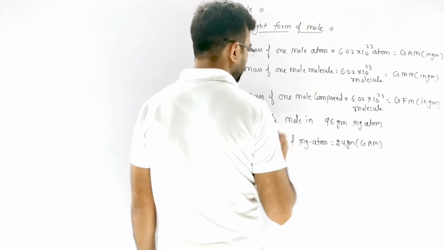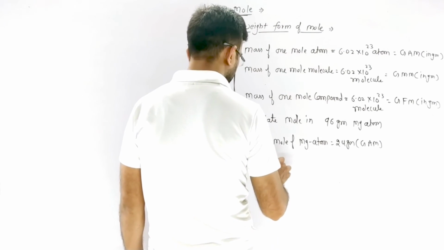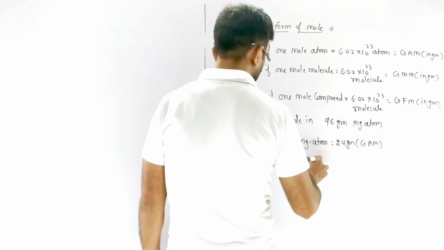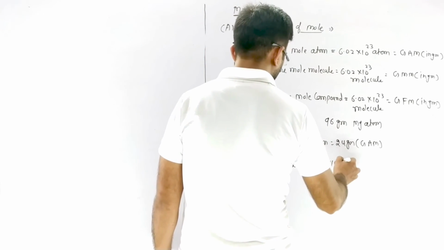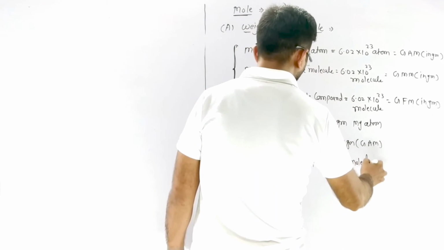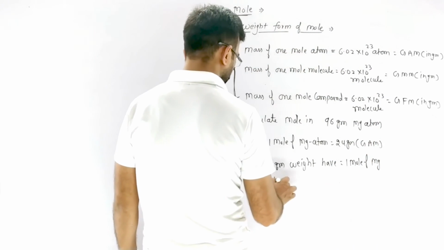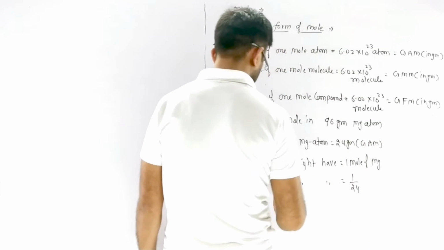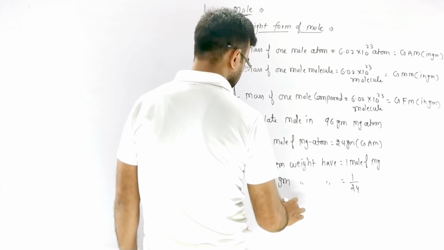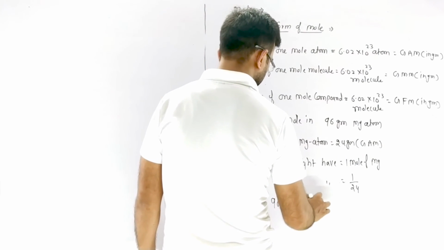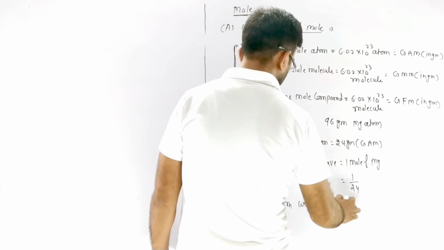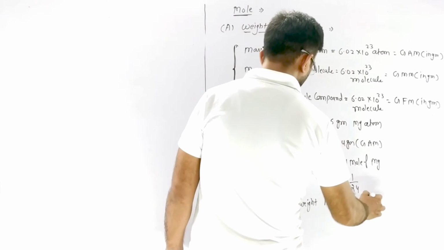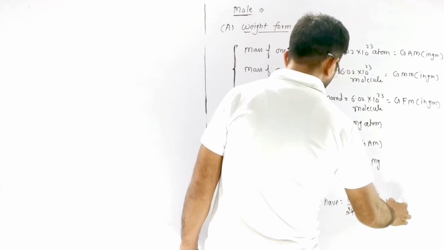So with the help of the unitary method, we write that 24 gram weight has 1 mole of magnesium. So 1 gram weight has 1 by 24 mole, and 96 gram weight has 1 by 24 into 96, which gives 4 times or 4 mole.